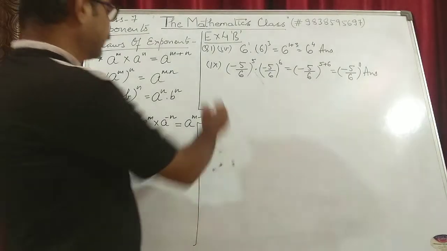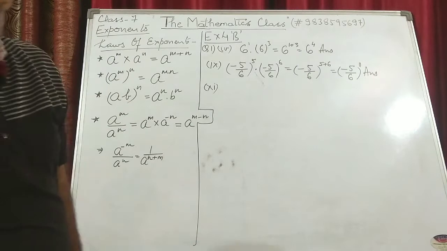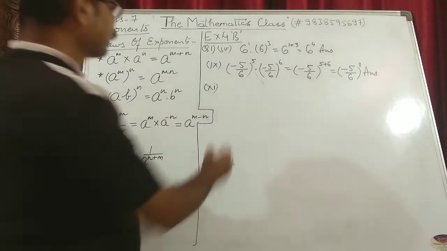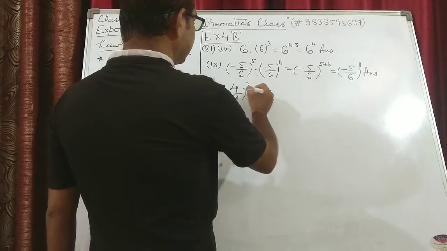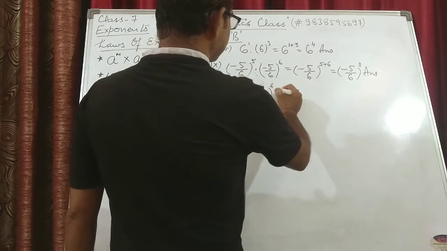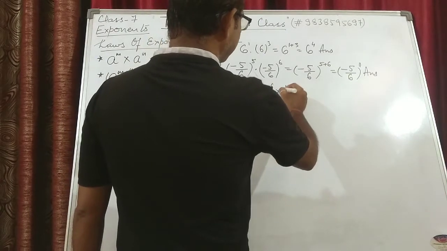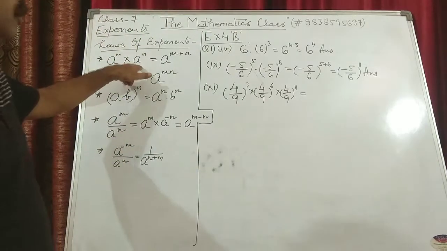Now I am taking the 11th part. 11th part is 4 upon 9 to the power 3 into 4 upon 9 to the power 6 into 4 upon 9 to the power 11. Again the same concept of the first law.